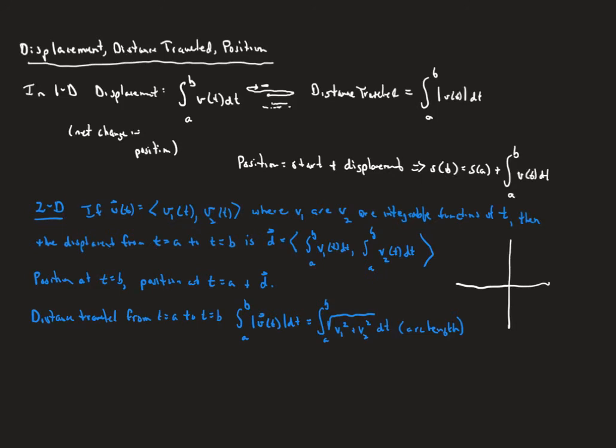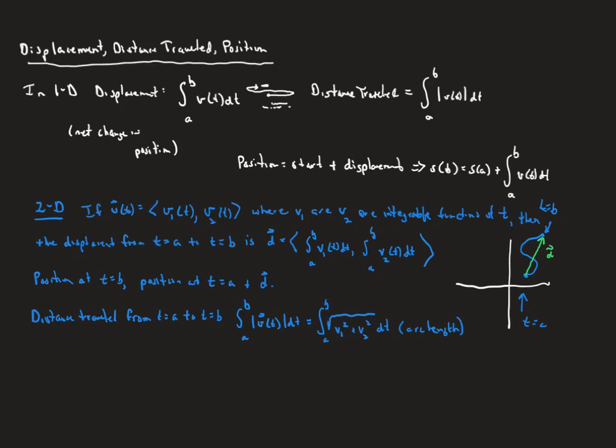So if we imagine that our particle is doing something like this, we start at time A and then we go to time B. So this is where we are at t equals A, and this is where we are at time t equals B. Then our displacement, that net change in position, is going to be that vector that goes from where we were at time A to where we ended up at time B.